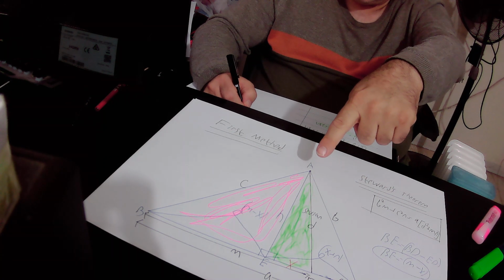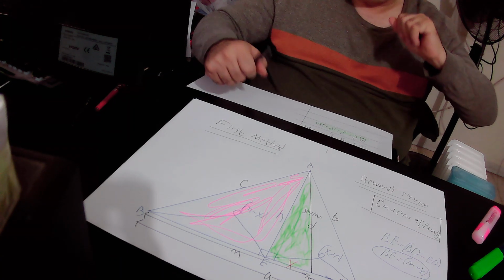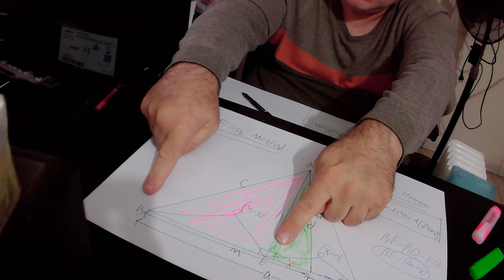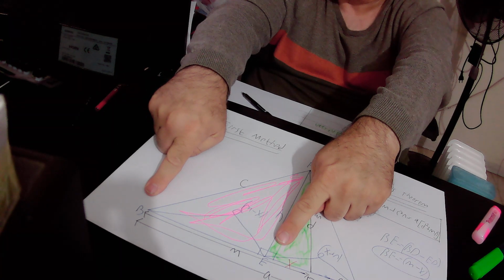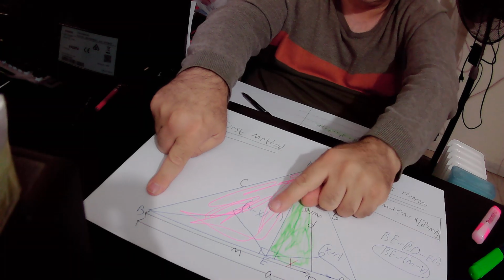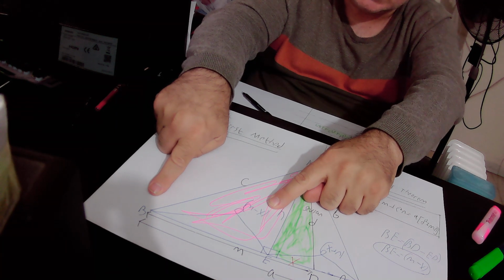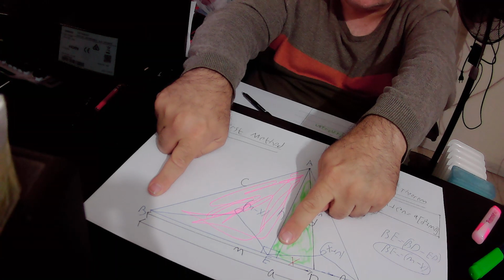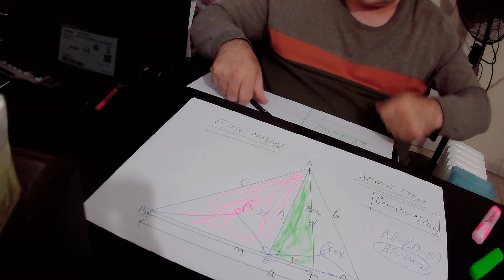AE is h, therefore AE square is h square, plus BE square. Side BE equals m minus x units in its length. Therefore, BE square equals (m minus x) square.